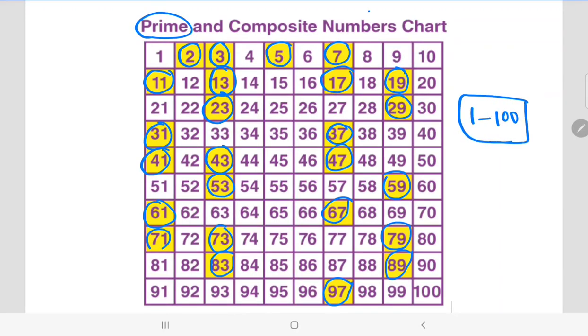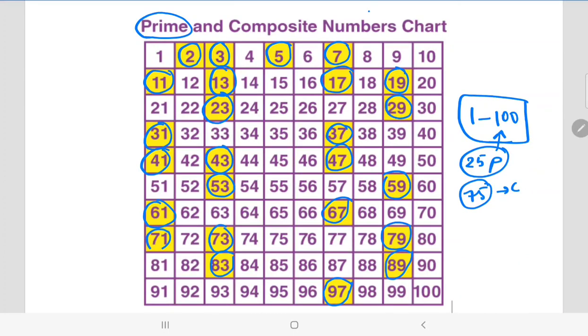So in total, we have 25 prime numbers from 1 to 100. If you count all these, you will get 25. So the other 75 numbers are the composite numbers.